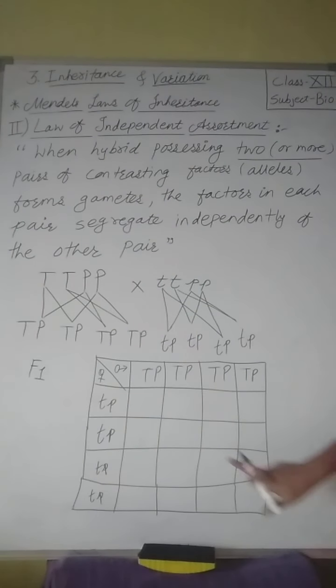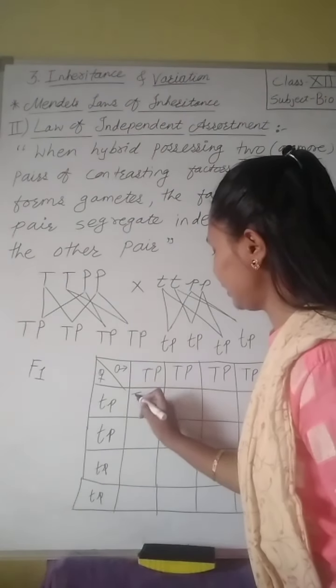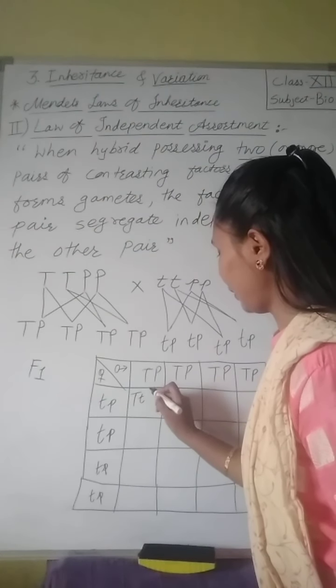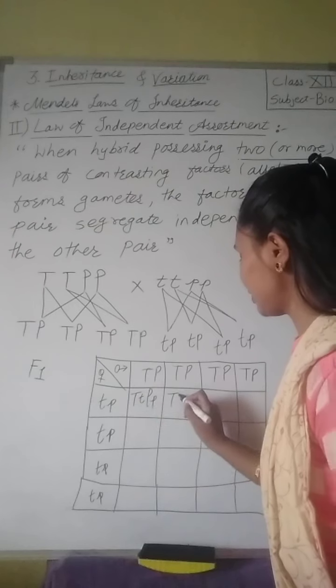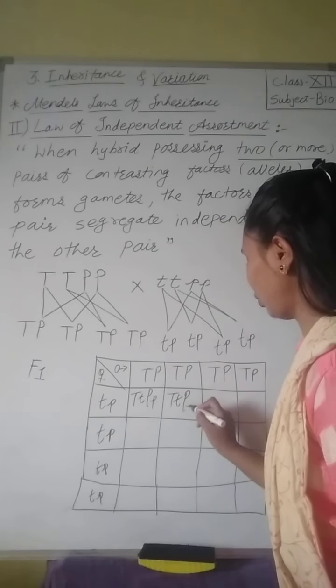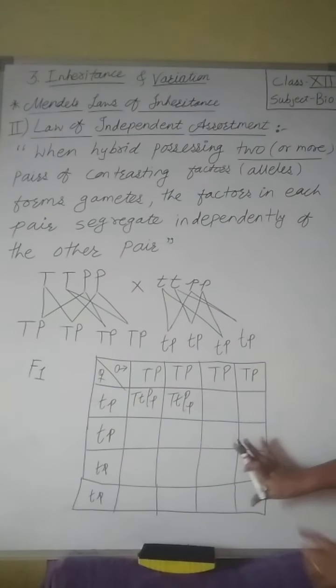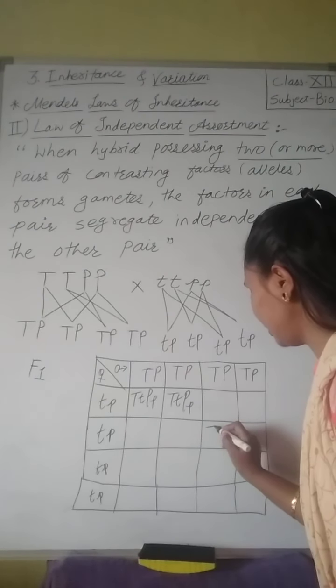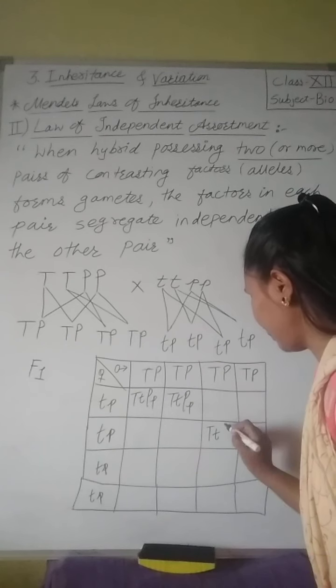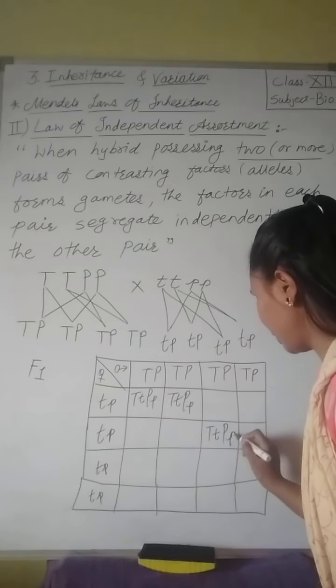Okay. So here it will combine with capital T, small t, capital P, small p. Here also capital T, small t, capital P, small p. Everywhere we will get the same thing. For example, here also capital T, small t, capital P and small p.